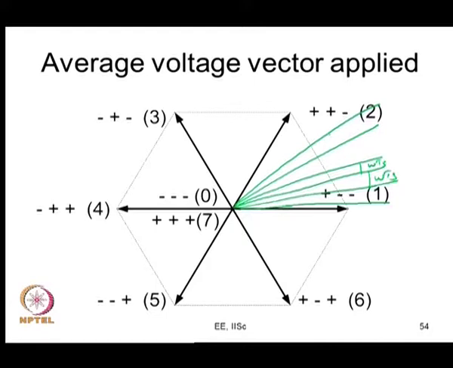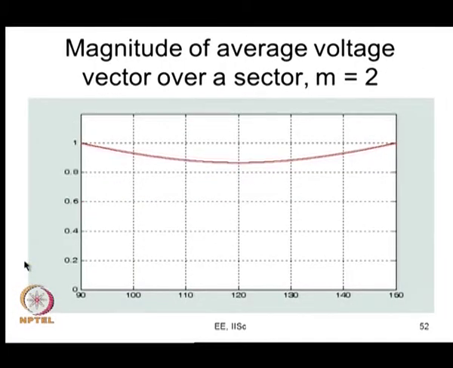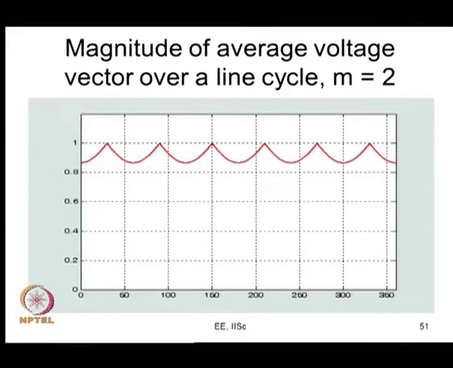So they are still the same spacing, it is moving at the same rate, but what is the length of these reference vectors? Obviously you cannot be producing reference vectors longer than that. You can very clearly see what is the magnitude. This is 1, this is 1 and it goes on like this. So the magnitude of the average voltage vector is really changing like that.